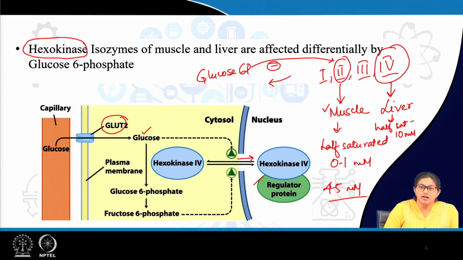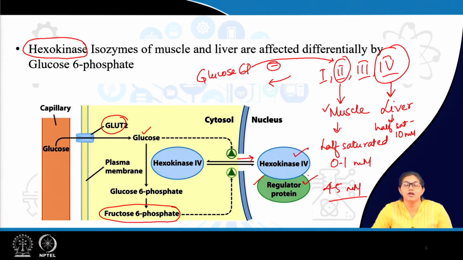Now, another product of glycolysis, fructose 6-phosphate, has an inhibitory effect over this dissociation of hexokinase 4 and the regulatory protein. So, basically fructose 6-phosphate inhibits this dissociation, and sends hexokinase 4 back inside the nucleus.